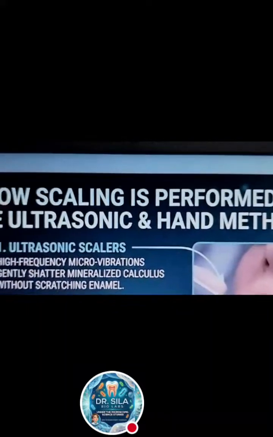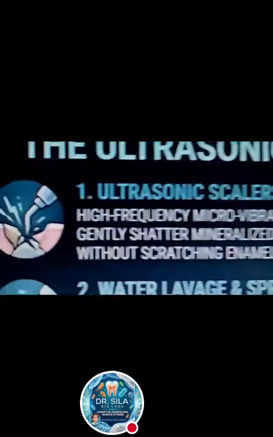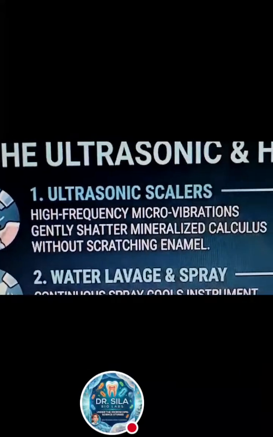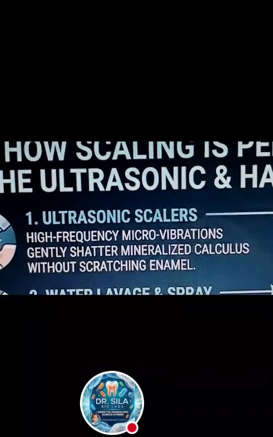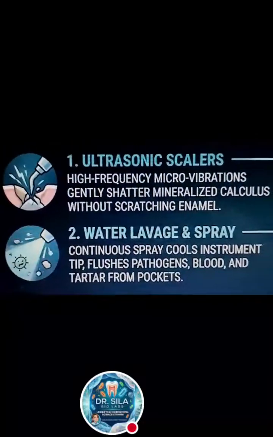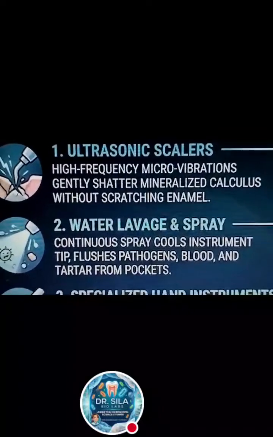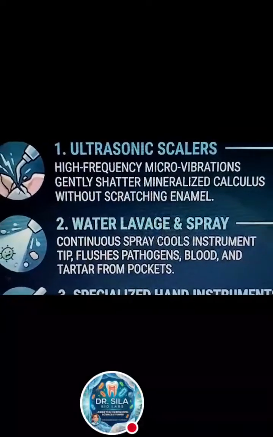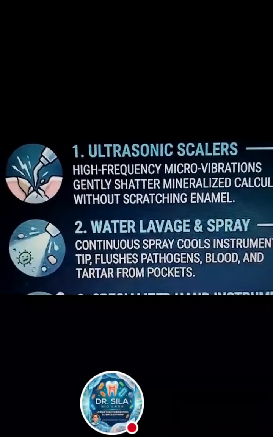How scaling is performed: ultrasonic and hand scaling methods. Ultrasonic scalers use high frequency micro vibration to gently shatter the mineralized calculus without scratching enamel. The water lavage spray in the scaler comes continuously, cools the instrument tip, and flushes the pathogens, blood and tartar from the pockets.